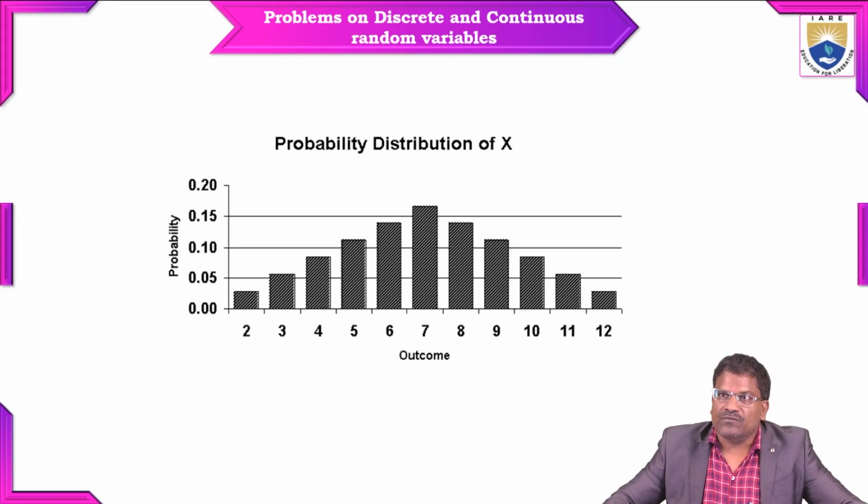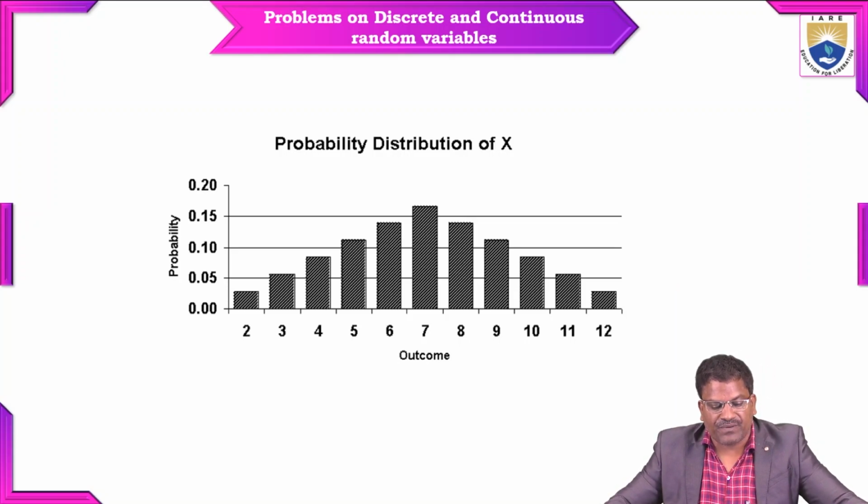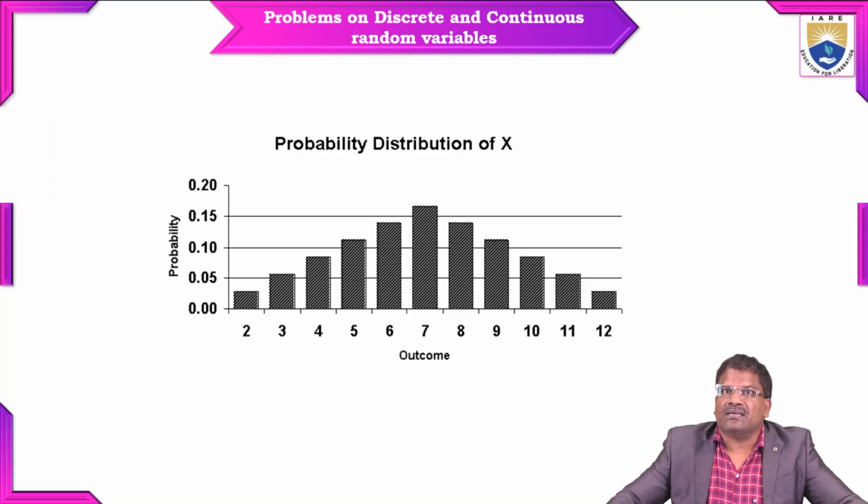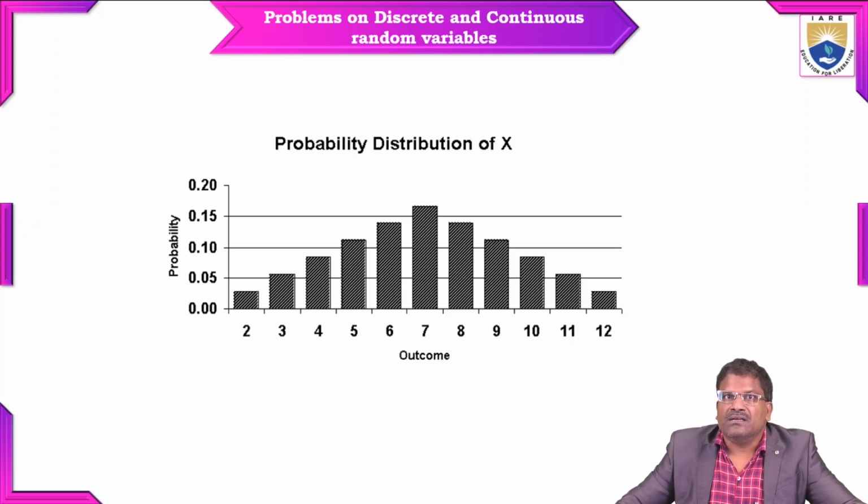On the x-axis we are taking the outcome, from 2 to 12. On the y-axis we are taking probability from 0 to 0.20. By depicting the outcome on the x-axis and probability on the y-axis, we get a histogram like this for the given data. At the outcome 7, the maximum probability is more than 0.15, nearly 0.16 from this histogram.